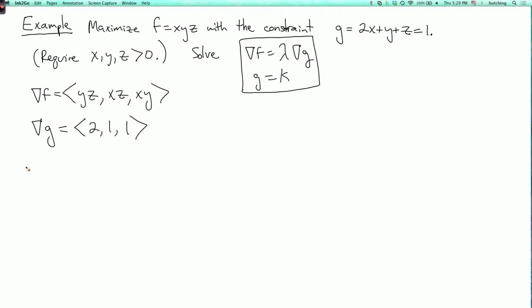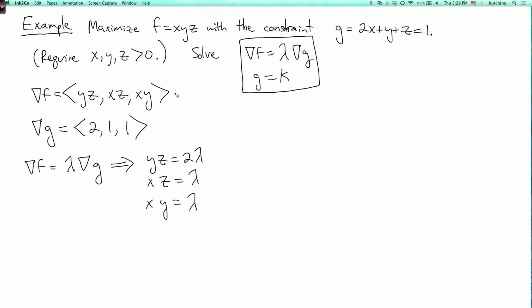So the Lagrange multiplier equation, gradient of f equals lambda gradient of g. When we expand this in components, it gives us the three equations y times z equals 2 lambda, x times z equals lambda, and x times y equals lambda.